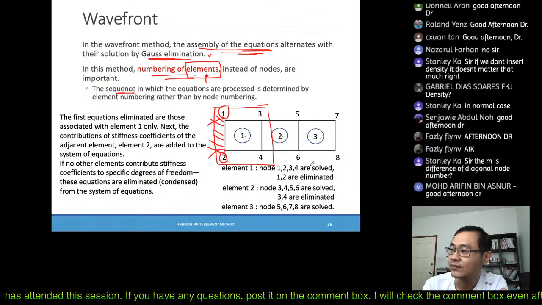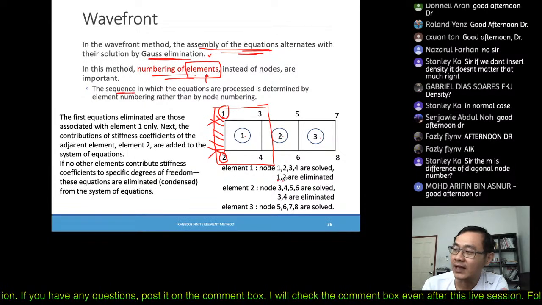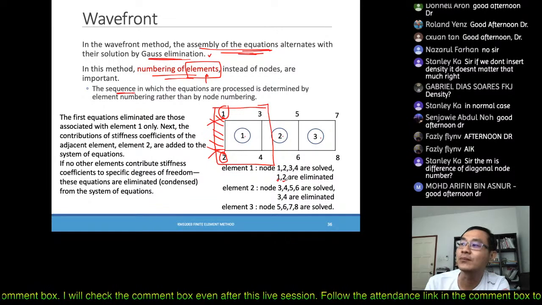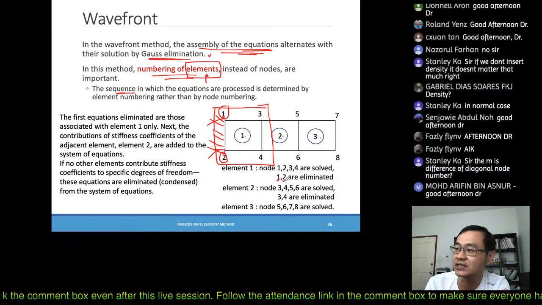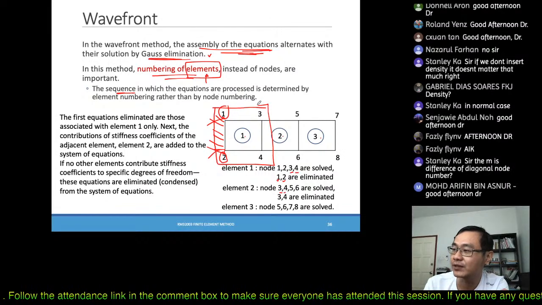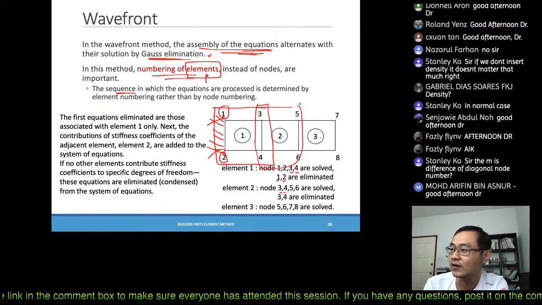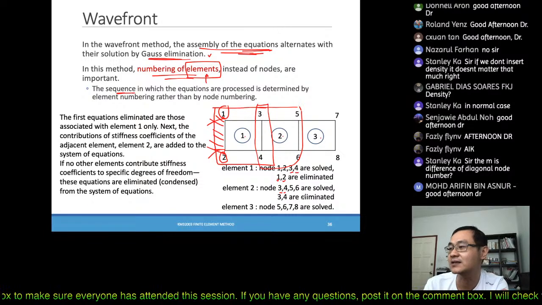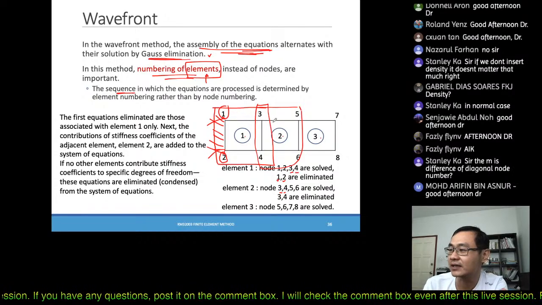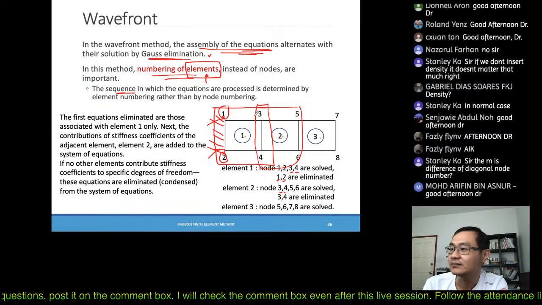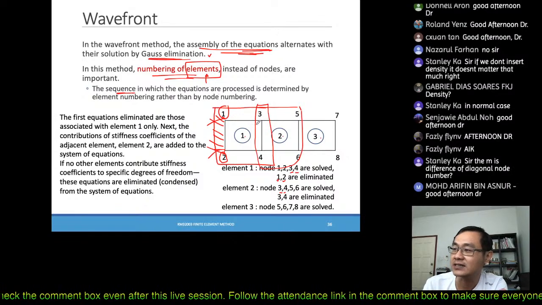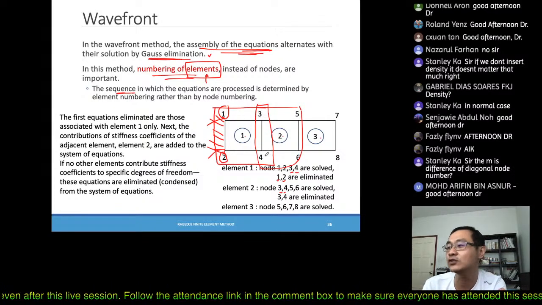Therefore nodes 1 and 2 can be eliminated from the assembled equations, leaving only 3 and 4. So leaving only 3 and 4, we bring it to the second element. For the second one, there are nodes 3, 4, 5, 6, and when we try to solve it, since this is connected and they are related to each other, with no other external boundary conditions, then we can solve for 3 and 4.